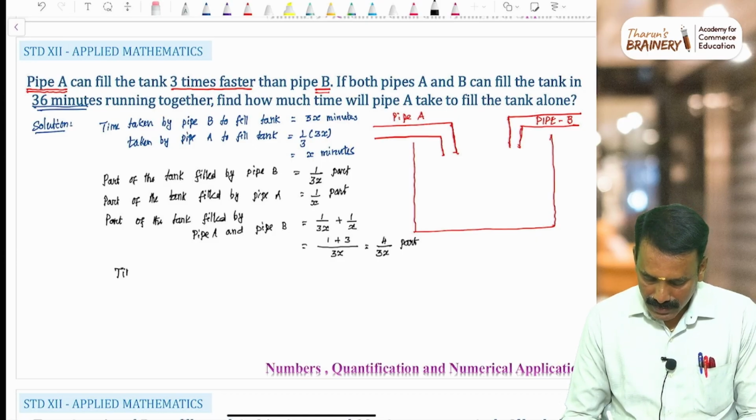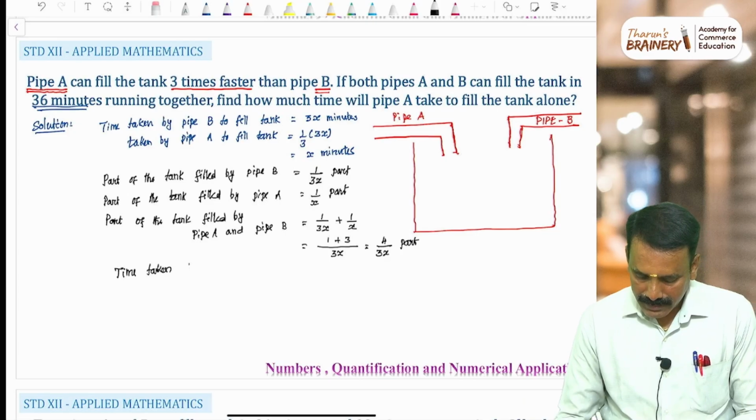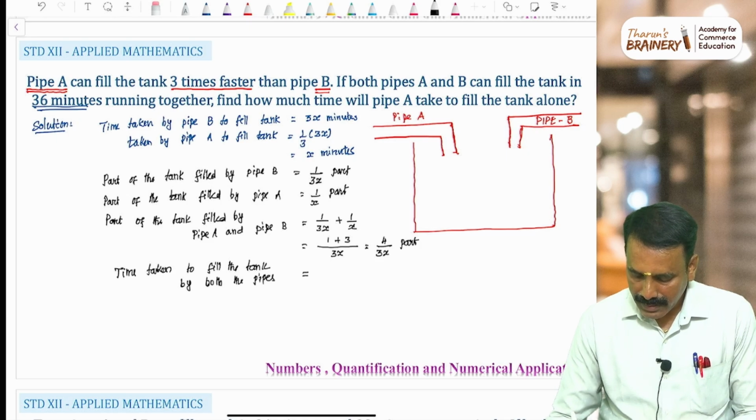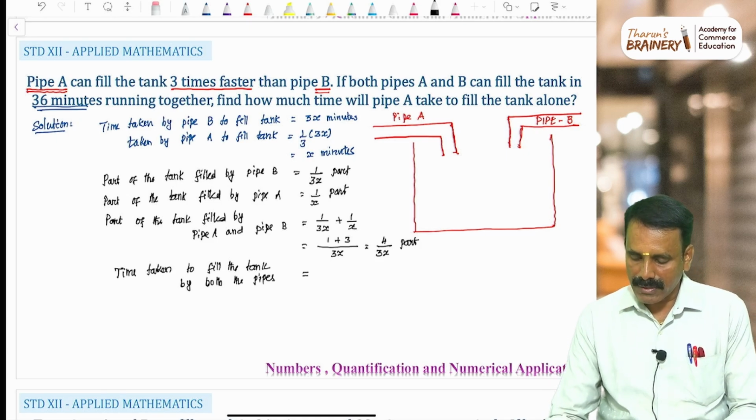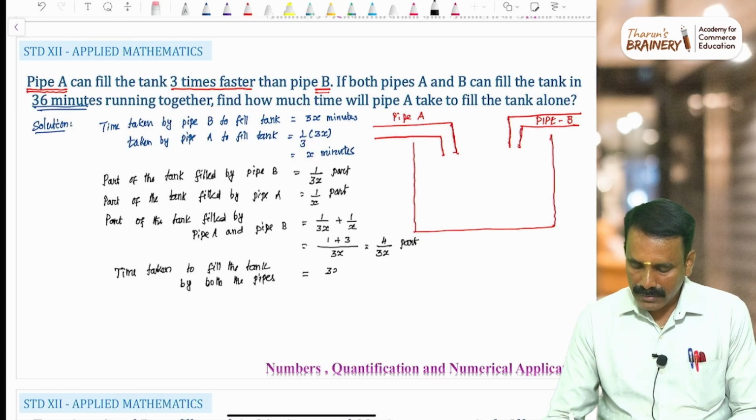Now the time taken to fill the tank by both the pipes is given by the reciprocal of the above expression. 4 by 3x, taking the reciprocal, will be 3x by 4.